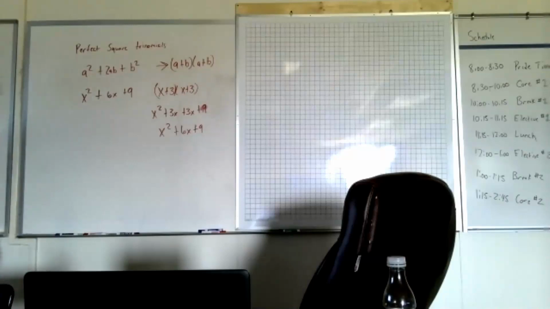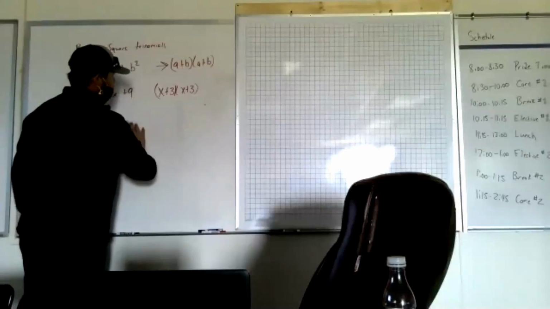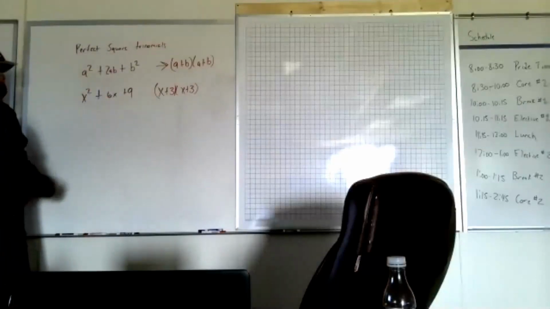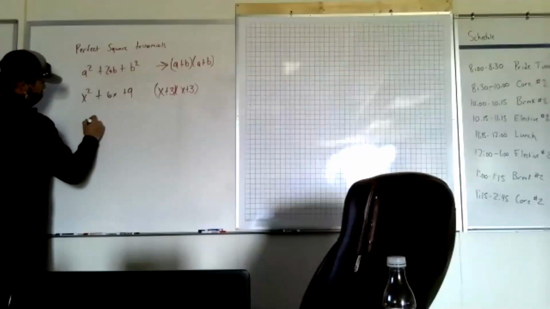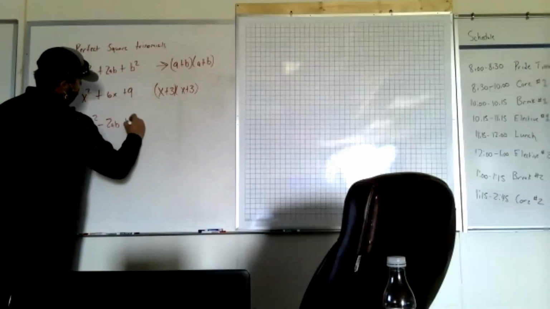Okay, your second of the perfect square trinomials. I'll write it just beneath it. The format really doesn't change that much, but it is a squared minus 2ab plus b squared.